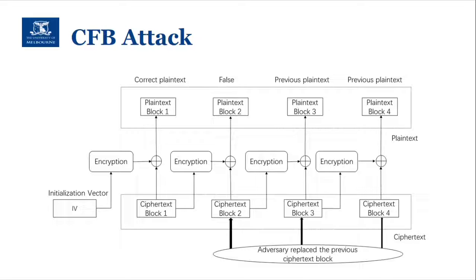The decryption of block 2 will definitely fail, because the decryption of block 2 depends on the ciphertext of block 1, but the ciphertext of block 1 has changed. Block 2 necessarily fails. The decryption of block 3 and block 4 will succeed.